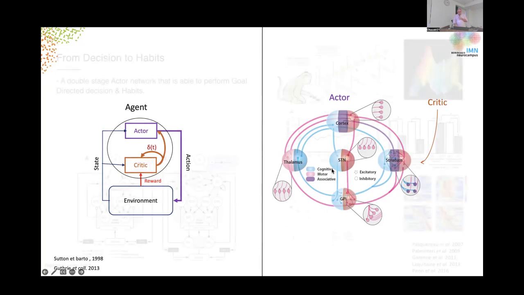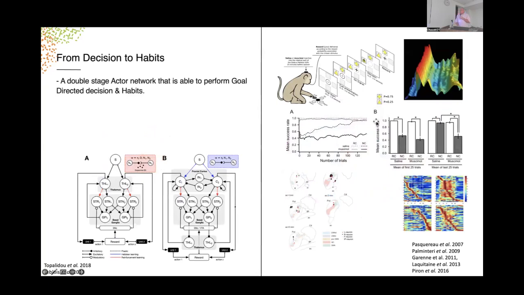And from that, using behavioral approaches, electrophysiology, so I won't go into the detail of all the studies, but neuropharmacology, we were able to elaborate a model of the actor in the generation of goal-oriented and habitual behavior.